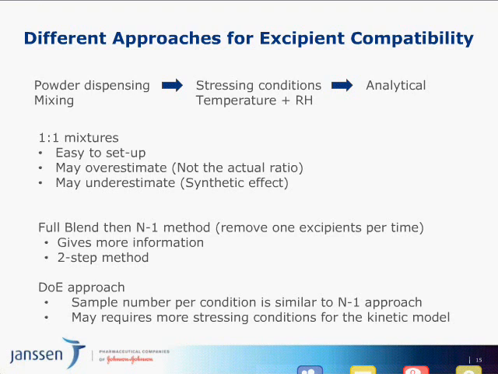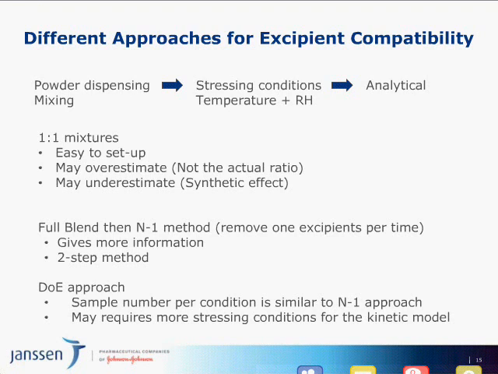So it may overestimate, and also it may underestimate, because in some cases, the incompatibility is not between a single excipient and a single API. It's going to be an interaction between 3 or more materials.